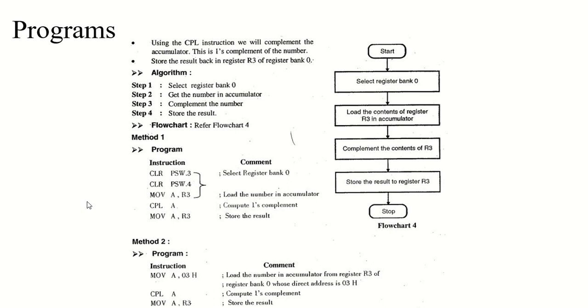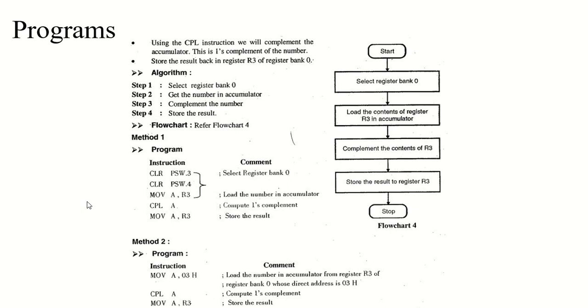Then we used CPL A to find the ones complement of that number, and with the help of CPL A you can find the ones complement of whatever number you wish. Once we have the ones complement of a number, we are going to send the number back to the R3 register. For that again we are going to use the move instruction. We are going to use MOV R3, A to store the result in R3 again, and that would be it.